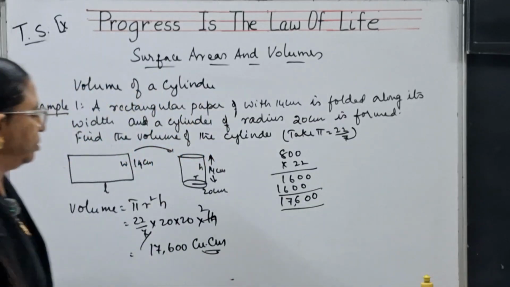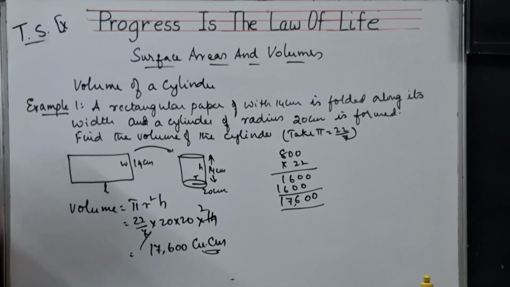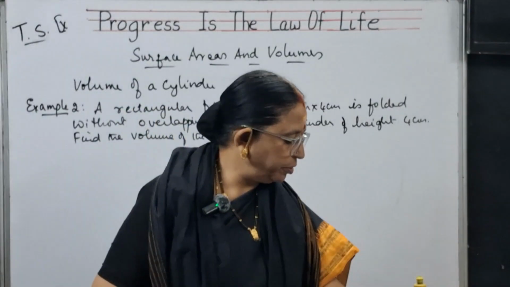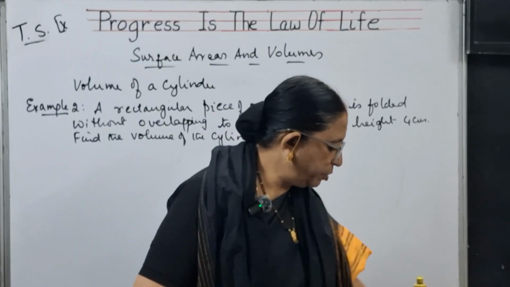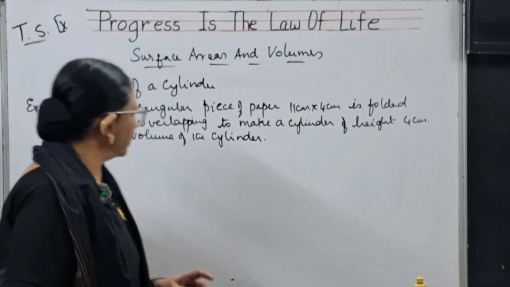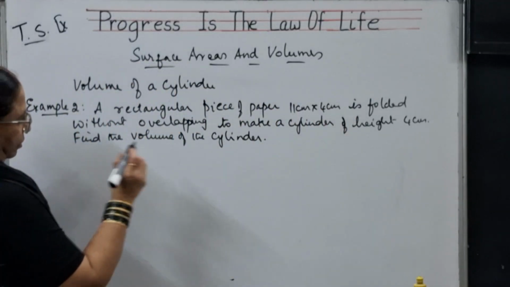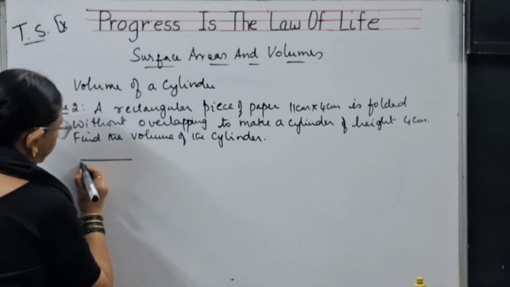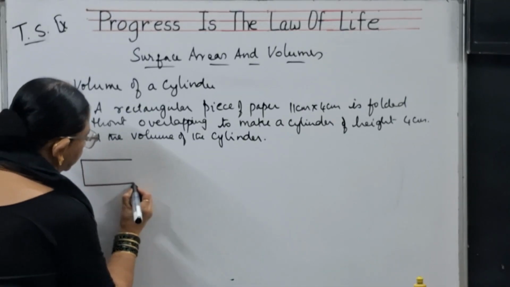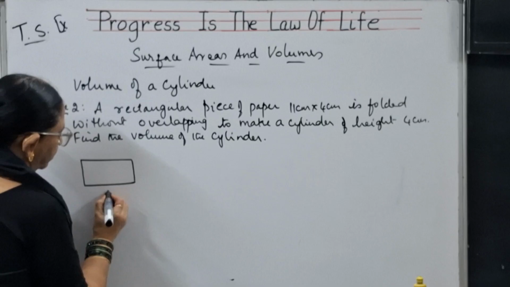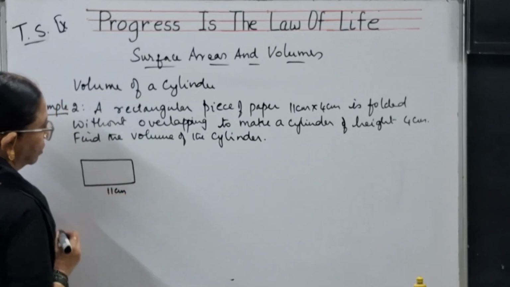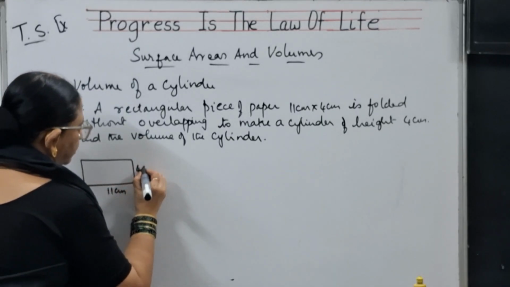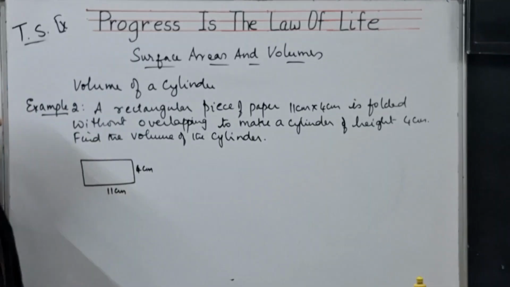Please note it down. Now example 2, children. Example 2 says, a rectangular paper of 11 centimeters and 4 centimeters. That means 11 centimeters is its length and 4 centimeters is its width.